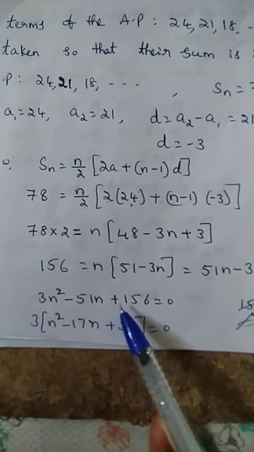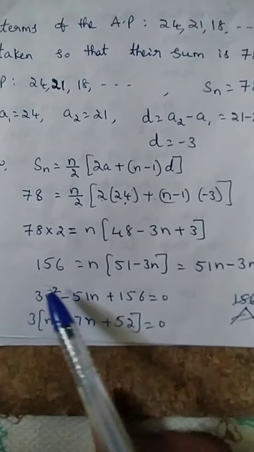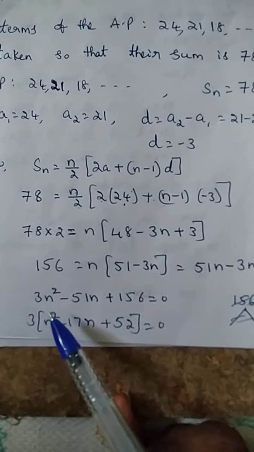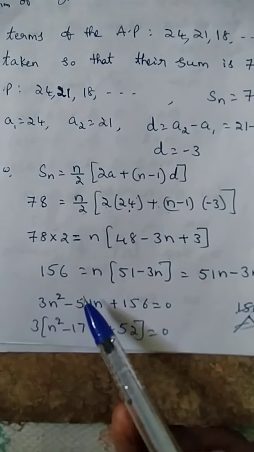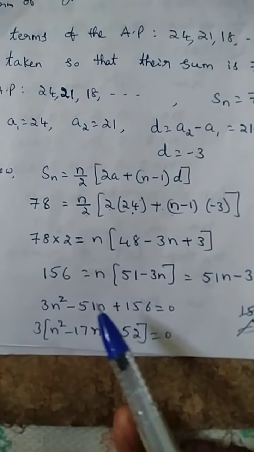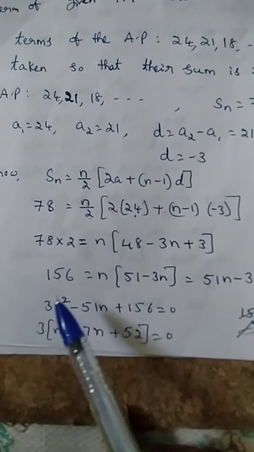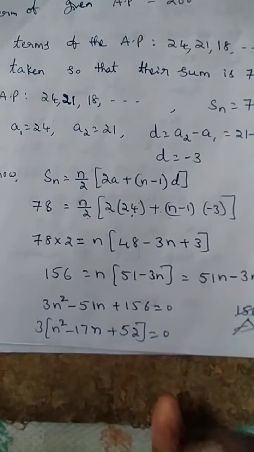This looks like a quadratic equation with the variable n. The general form of the quadratic equation is ax square plus bx plus c is equal to 0. To find the zeros, the roots, of the quadratic equation, we have three methods.